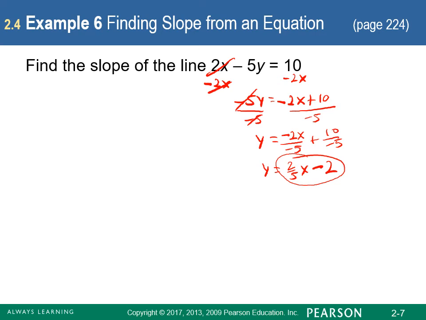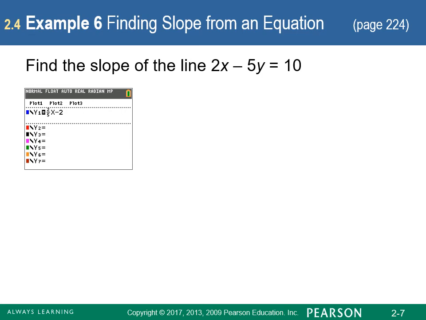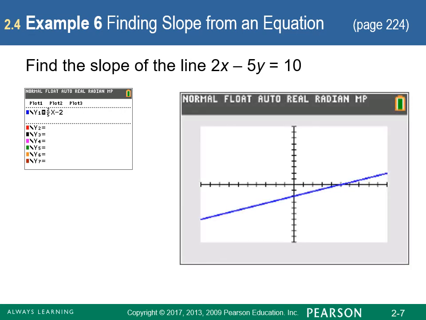If I take out my calculator, push the y equals button, type 2/5 x minus 2, and draw the graph, I see this graph on my calculator. To find the slope, we will locate a couple of points on this graph and count up 2, to the right 5. So the slope is 2/5.